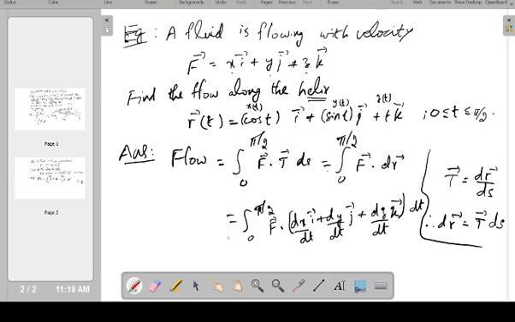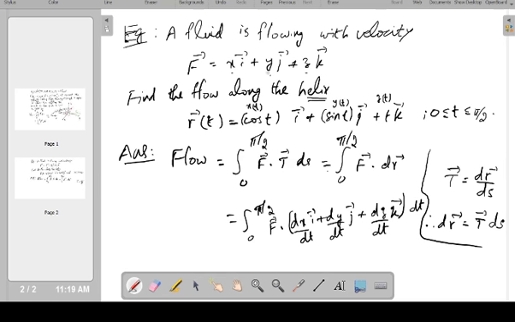Okay. So how do I do this? F along the helix. What is F? x i plus y j plus z k. So what is F along the helix? F along the helix is, instead of x I have to use cos t.